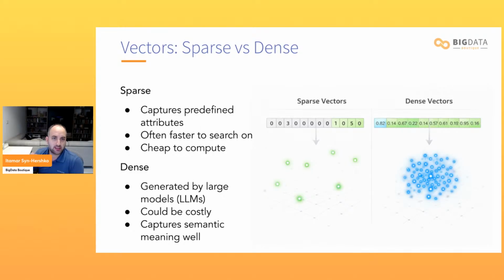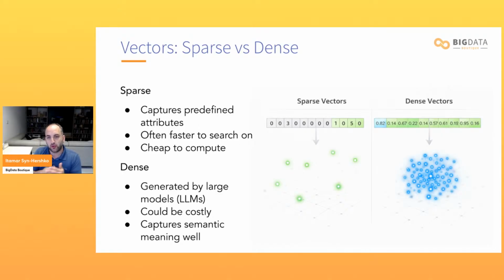We're going to discuss two different types of vectors: sparse vectors and dense vectors. Sparse vectors are usually just vectors that have a lot of zeros in them, and each position in the vector, each coordinate, will essentially be an indication of a specific word, whether it has appeared and how many times, or anything like that.